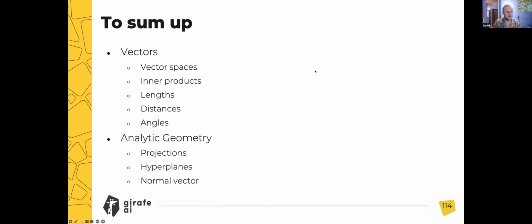And we spiced things up with a bit of geometry and said that most of the operations we will be talking about have a nice geometrical interpretation. For example, we have projections, which are quite orthogonal projections.